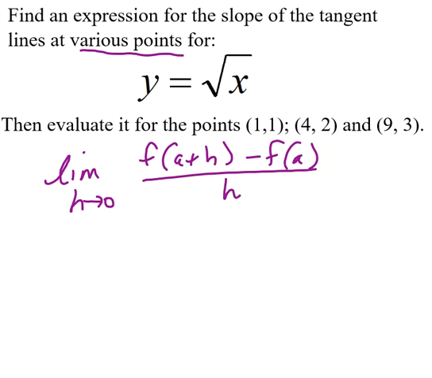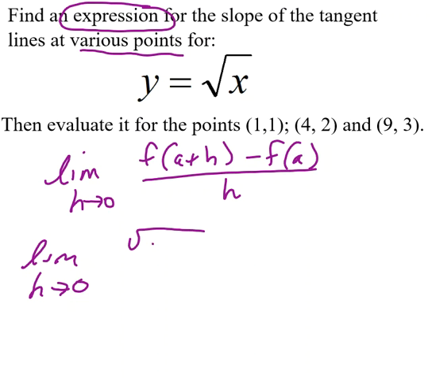Now instead of plugging in a certain value for my a, I'm going to leave it as the variable a as I solve this one because again I want an expression, I want it to have variables in it, so that I can evaluate it at all three of these different points instead of doing the same problem 3 times.